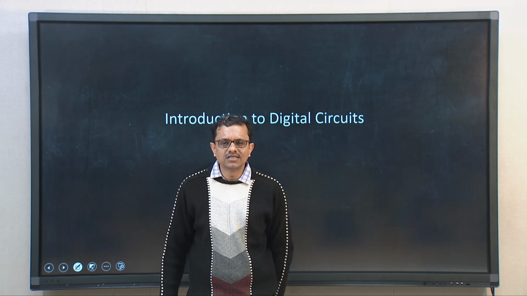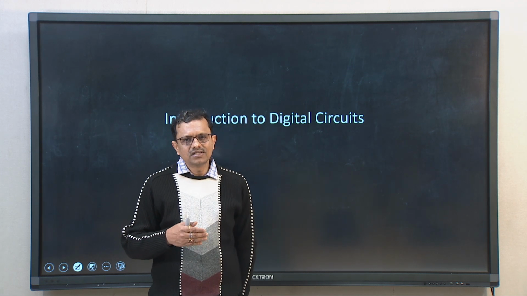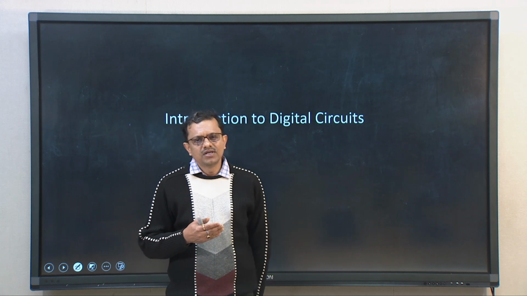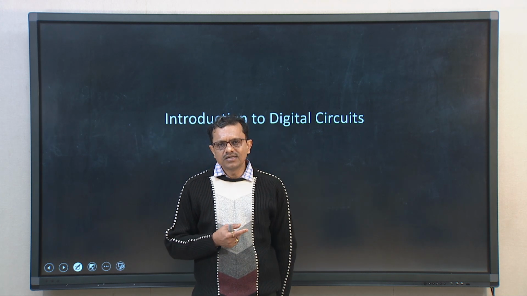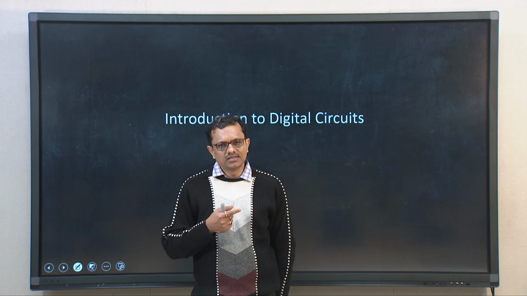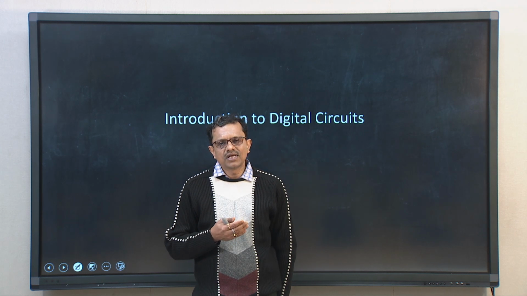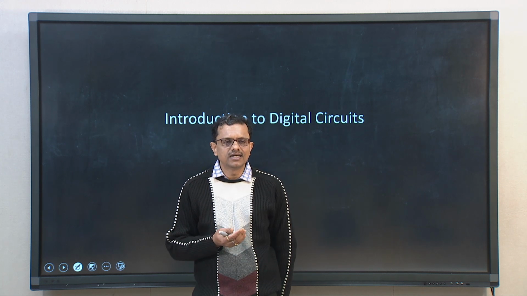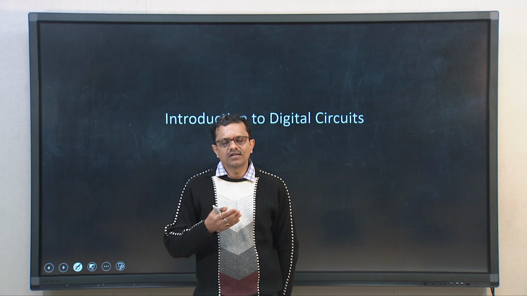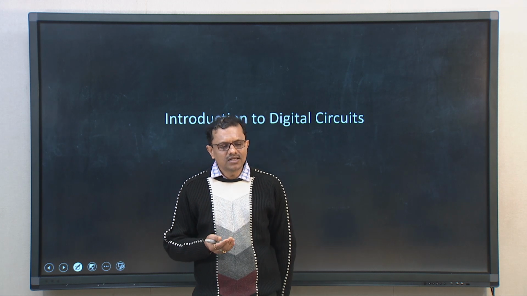So, what is a digital circuit? Basically, digital circuits are from binary circuits, and binary circuits are circuits whose output can have only one of two different states, typically 0 and 1, and these two states are indicated by a particular current or voltage.